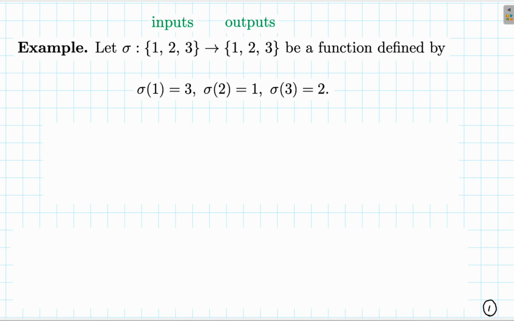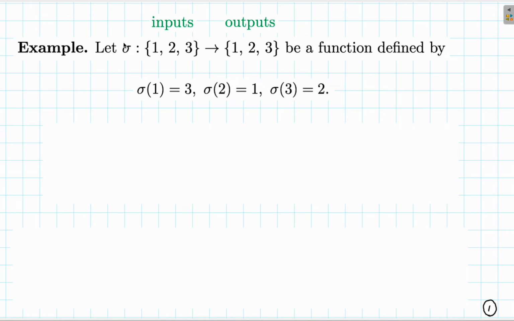In this lesson, we will continue to study examples of a group before we formalize the notion of a group in a future lesson. So let's start with an example. We'll let sigma be a function whose inputs are the numbers 1, 2, 3, and whose possible outputs are also 1, 2, and 3.